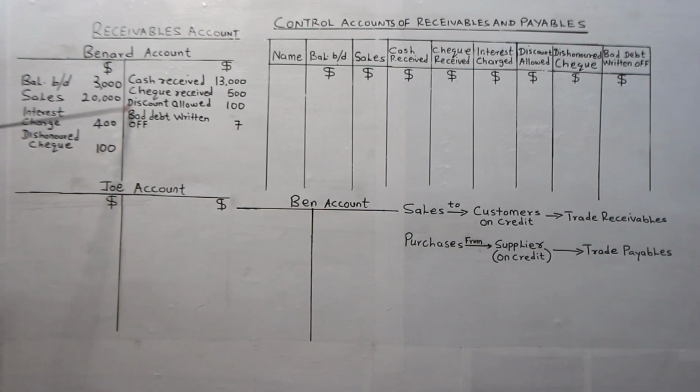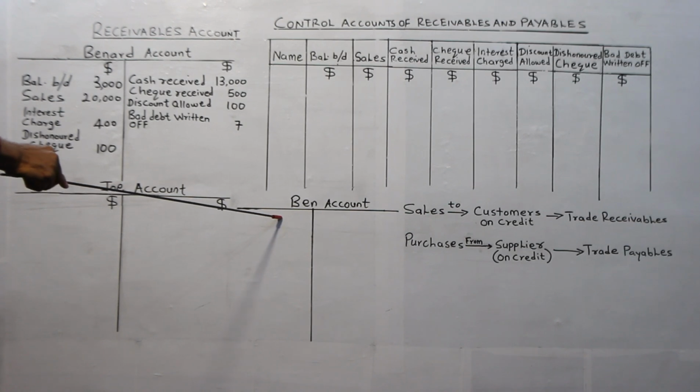And on the other hand, we credit every transaction that will reduce the amount that receivables are owing directly or indirectly. At the end of the day, we make a balance of the debit side and the credit side to determine the amount that individual receivable is owing at the end of the accounting period. Let's look at Joe's account and Ben's account.